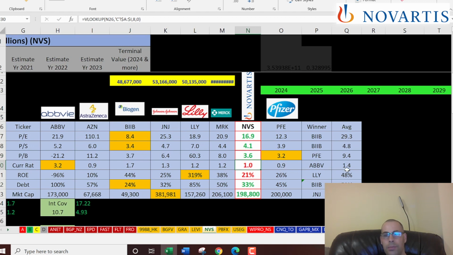Their current ratio is below average, but it's still 1.0, so that's fine. Their ROE is below average. It seems like this industry has naturally high ROEs. The average is 48%. Their debt is lower than average, which is good. And their market cap is really high, but other companies are even higher, like Johnson & Johnson, Merck, and Pfizer.